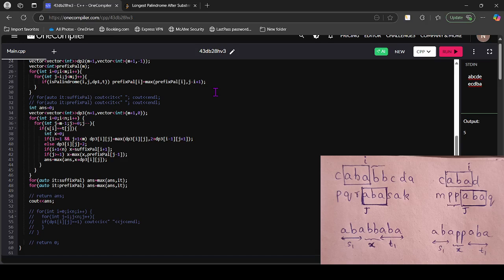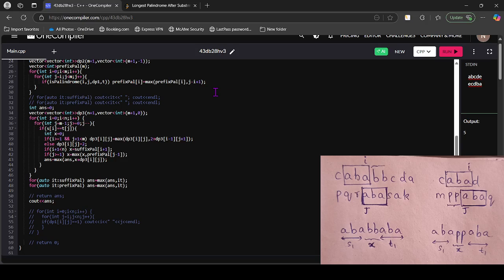So if si is equal to tj, we can use the recursion dp3 of I minus 1 and j plus 1 because we found these both as equal. If si is equal to tj, it is enough to check for the next ones till where these both can form palindrome.